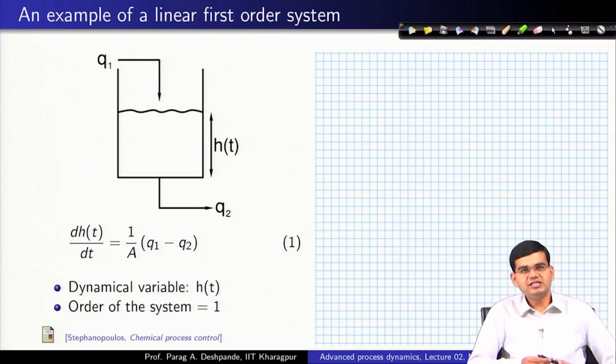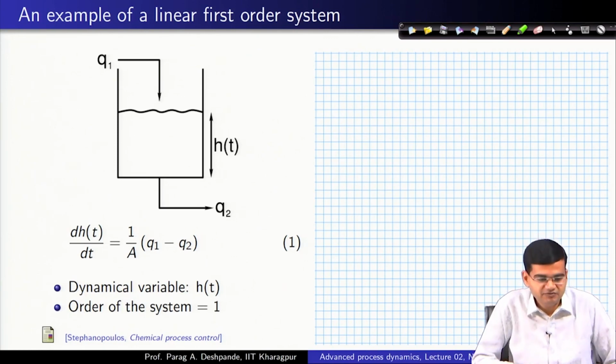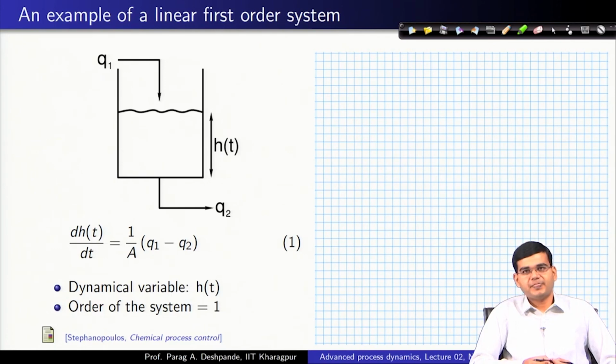So, what you see here is a linear first order system. We are trying to define a linear first order autonomous system. The definition of linearity is what we saw in the previous lecture. This is a first order system because you have only one first order ODE.